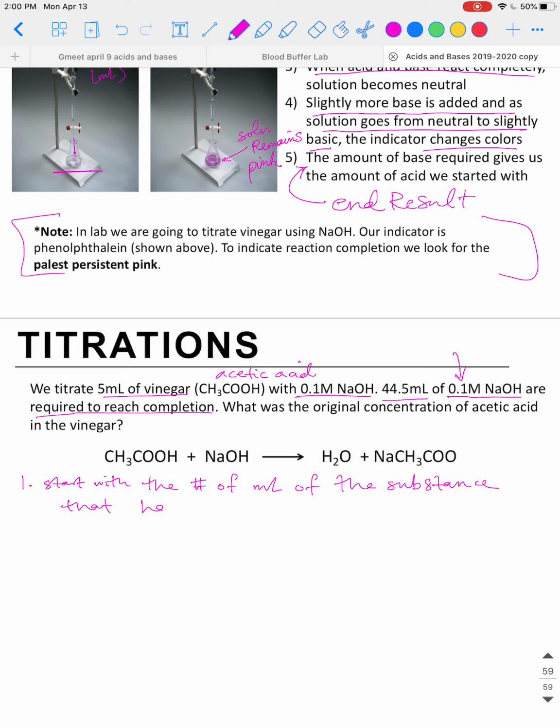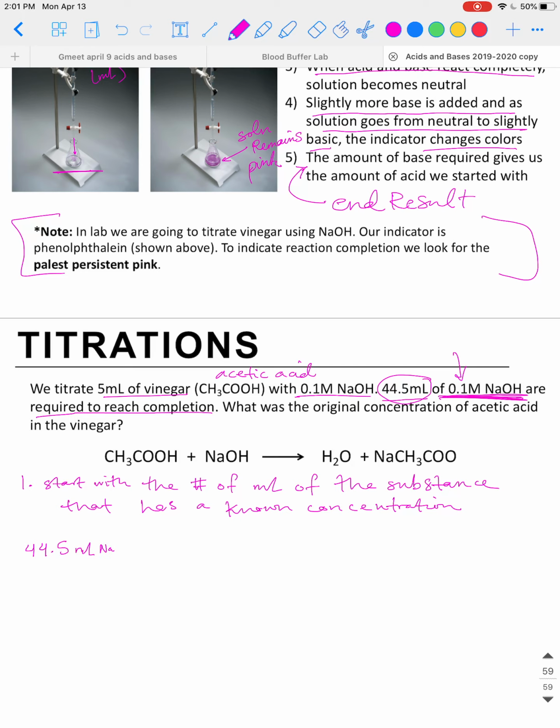substance that has a known concentration. Here we know the concentration of base. It's 0.1 molar. And whichever number of milliliters corresponds to that substance, here it was 44.5 milliliters, start with that number of milliliters.